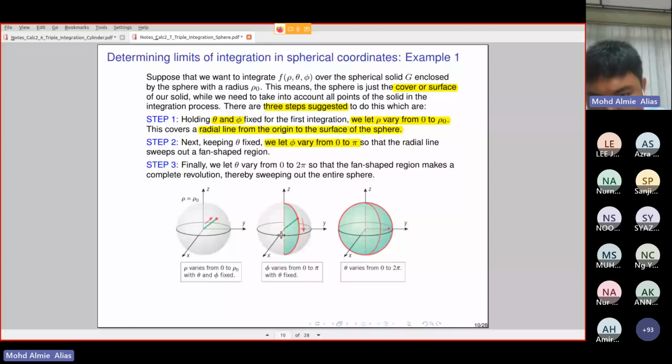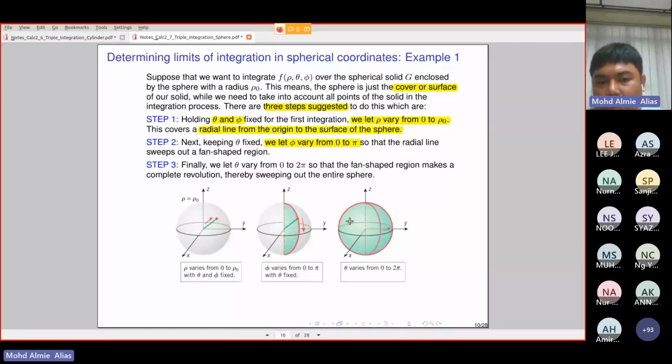This fan-shaped region, which is the half disk here, will make a complete revolution, thereby sweeping out the entire sphere.